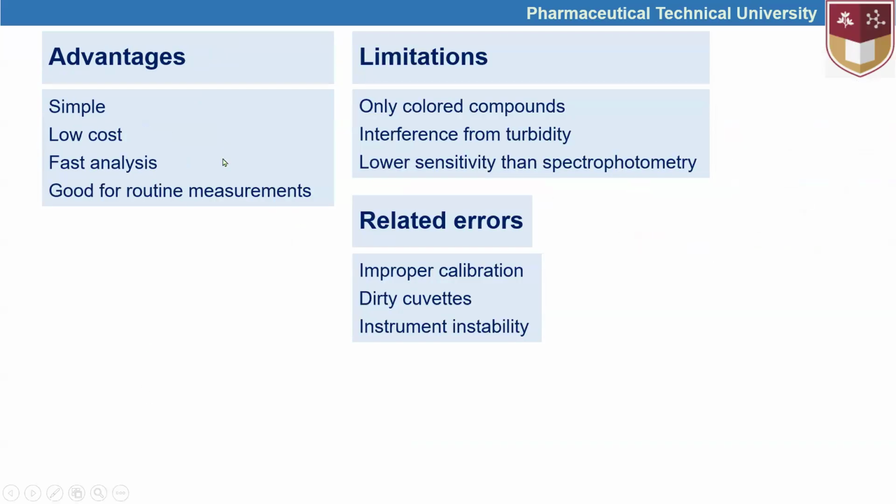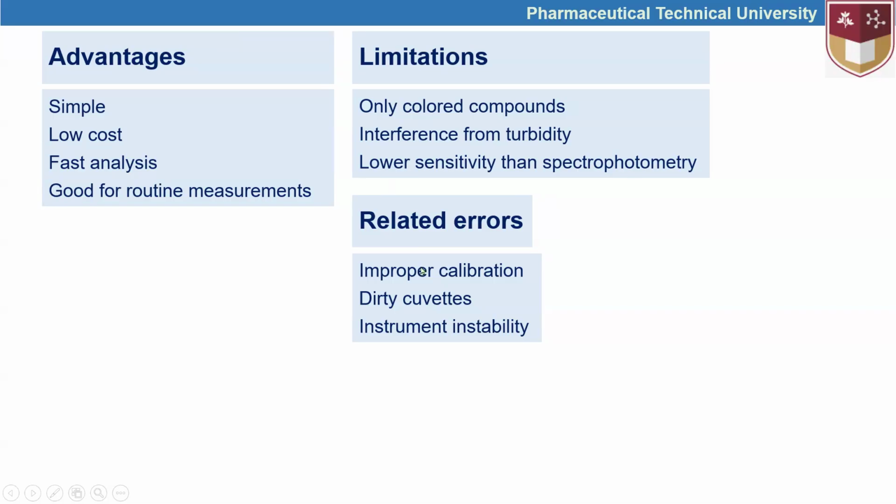Here we can see the advantages: colorimetry is simple, low cost, fast, and good for routine measurements. But the limitations include that only colored compounds can be analyzed with it, and interference from turbidity might cause discrepancies, and lower sensitivity, as we discussed, compared to spectrophotometry.